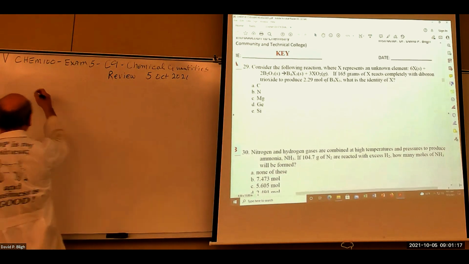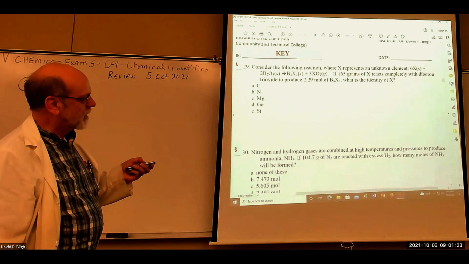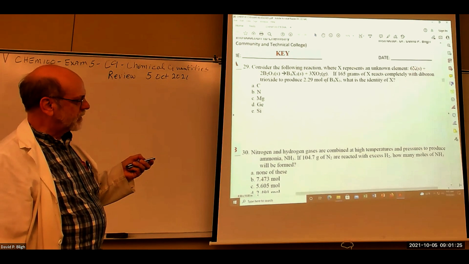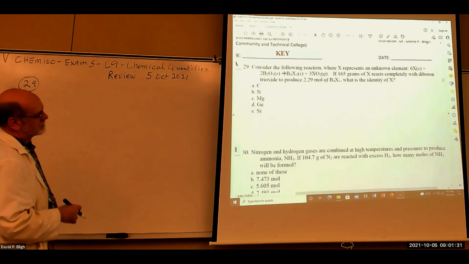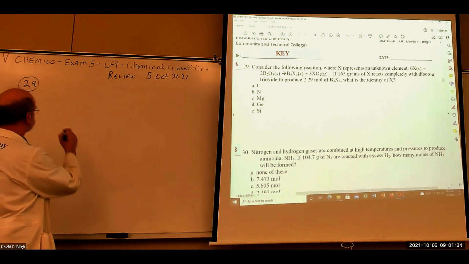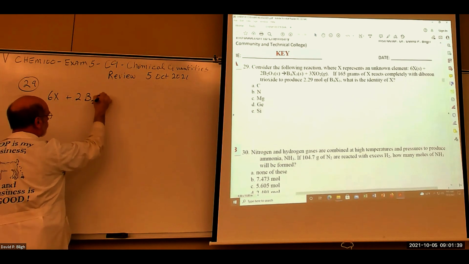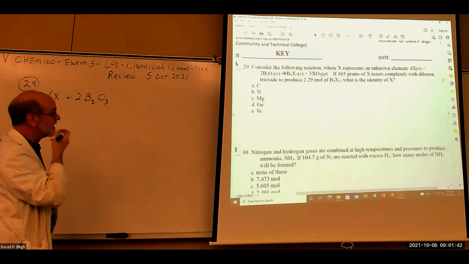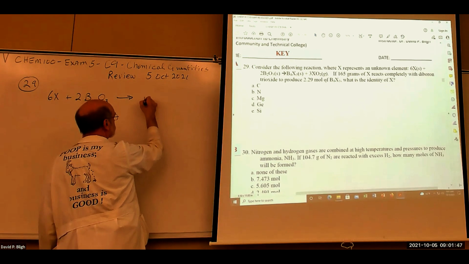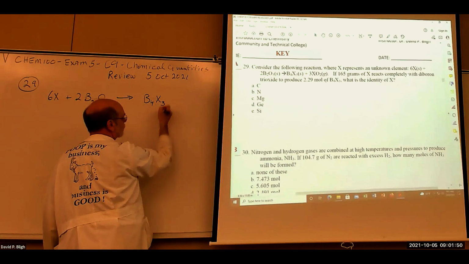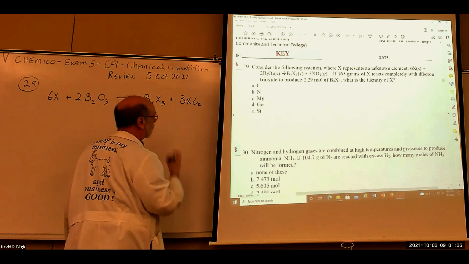We've got for 29, this reaction, but there's an unknown element here. 6 X's plus 2 diboron trioxide yields B4X3 plus 3 XO2.